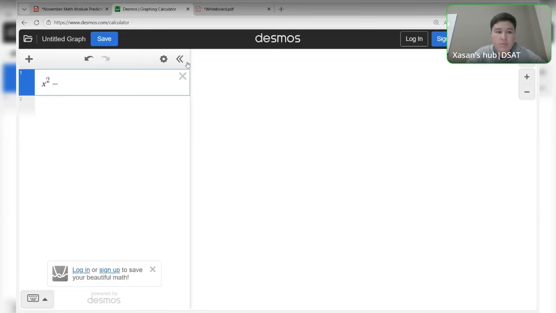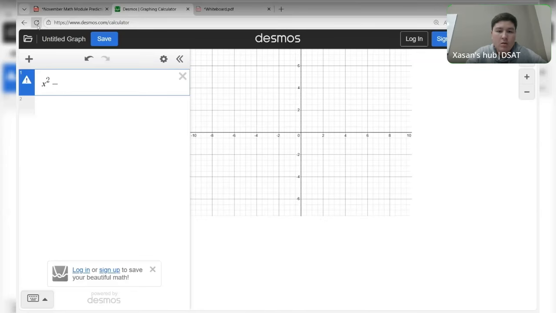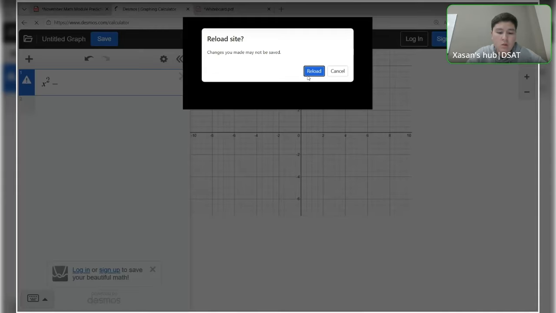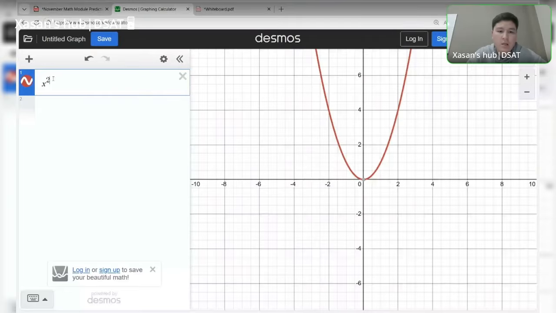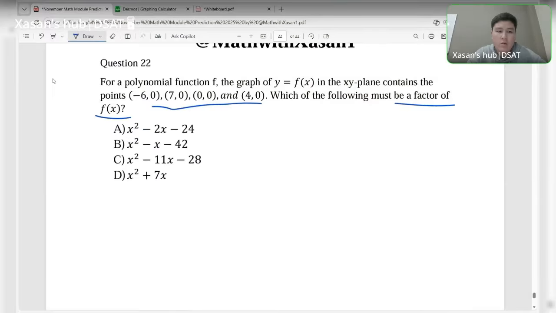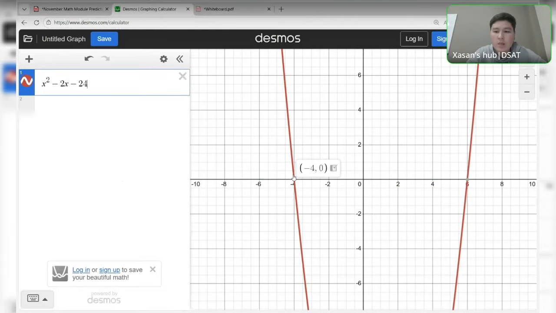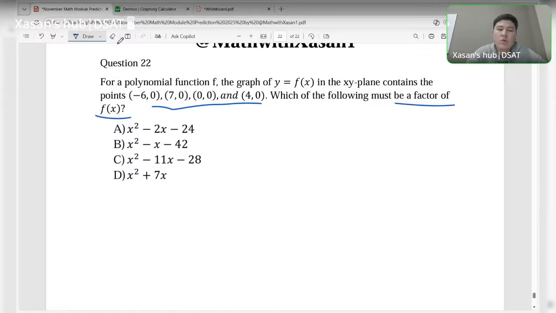So x squared minus 2x minus 24. The solutions that it gives us are -4 and 6. But guys, okay, 6, no, we don't have this kind of solution, right? It is giving us -4 and 6. So option A is out because it is not matching the given solutions.